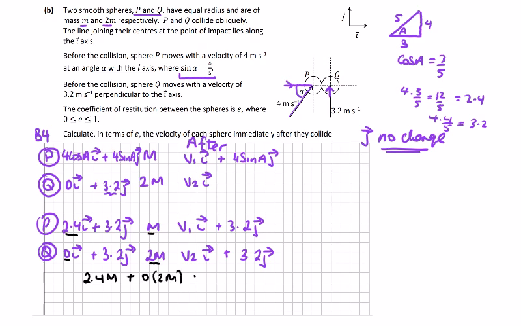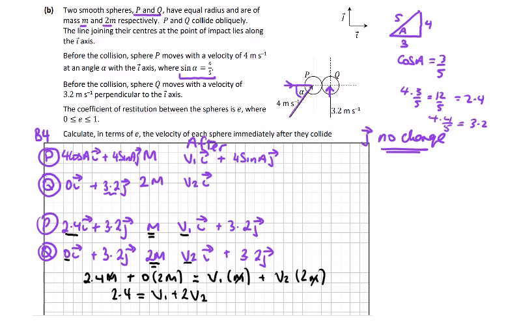That's going to be equal to v1 times m, we're going backwards, and v2 times 2m. We can divide by m always, so we're going to get 2.4 is equal to v1 plus 2v2. So our simultaneous equations, we got our first one.